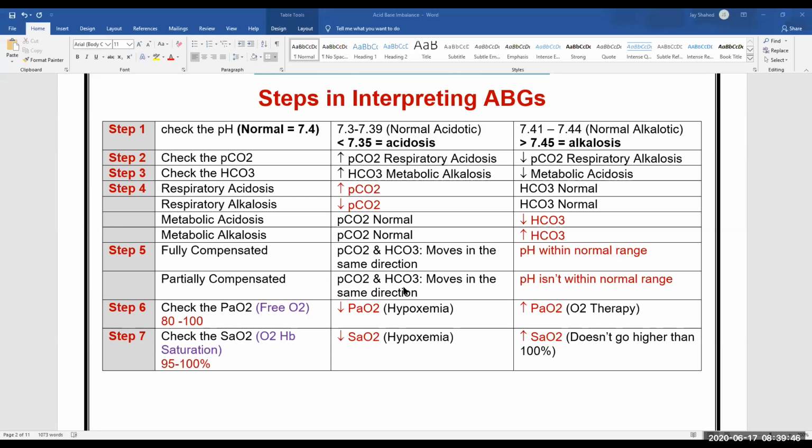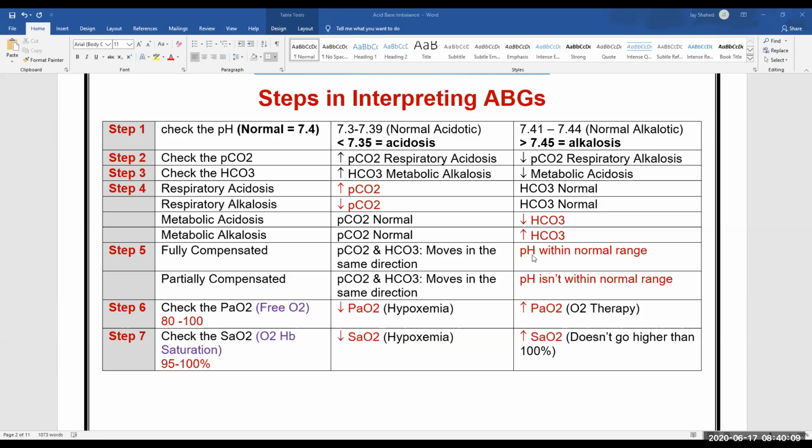They move in the same direction, up or down, depending on the situation. Now, how can I tell if it's fully compensated or partially compensated?